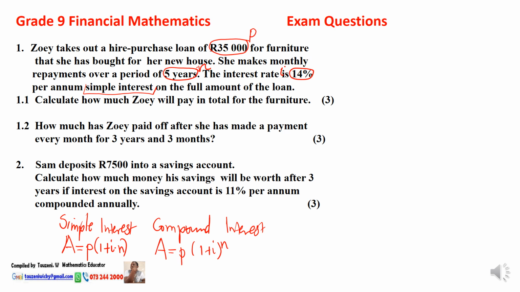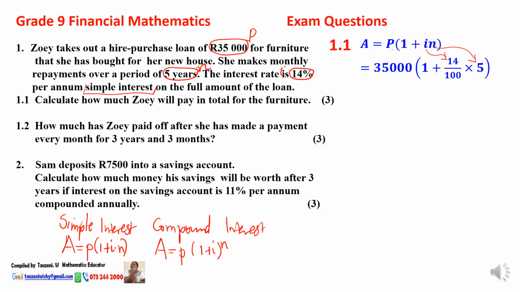You write down your formula: A = P(1 + i n). In place of P, we put 35,000, which is the price of the furniture. In place of i, the rate of interest, 14%, which we express as a fraction: 14% means 14 over 100.